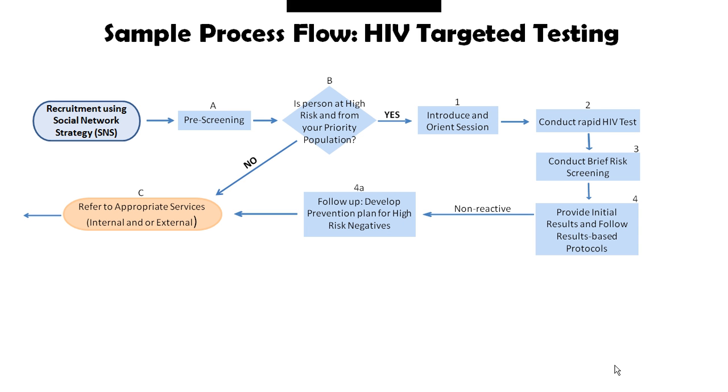If that test is non-reactive, we're going to move forward. The next process would be 4A. We're going to follow up. We're going to work with that client to develop a prevention plan for high-risk negatives, and we're going to move on to C, which is a whole other process, and work towards referring them for appropriate services.